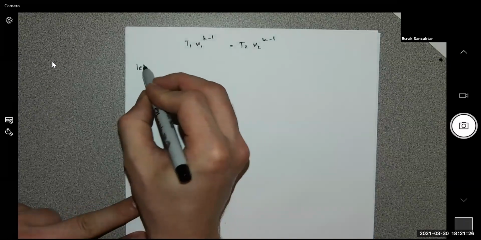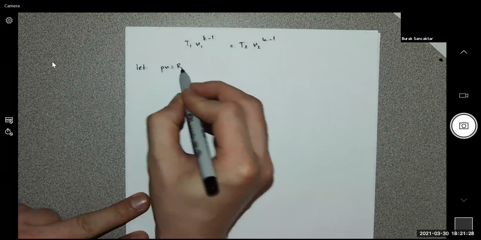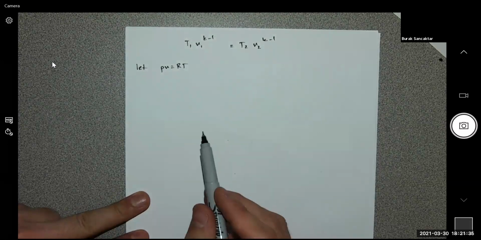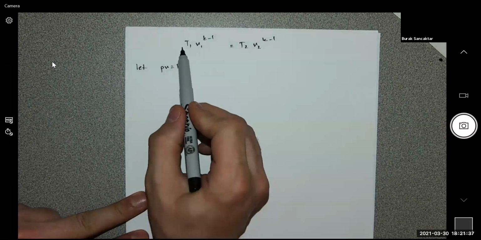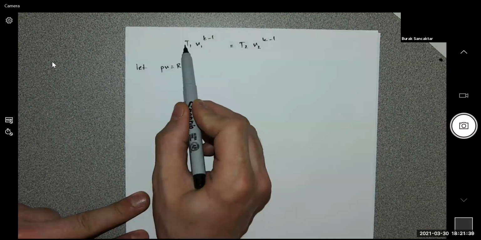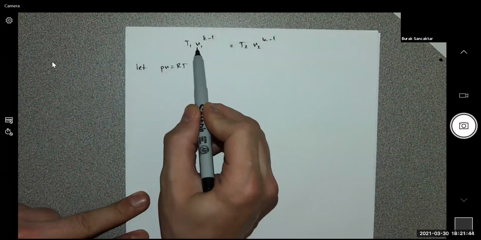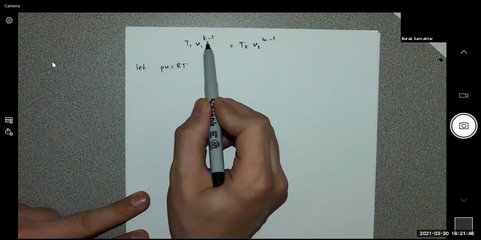What I can do is use PV equals RT. You can try this by yourself. For pressure and specific volume, instead of temperature, I'm going to write PV over R times V1 to the power of k minus 1.